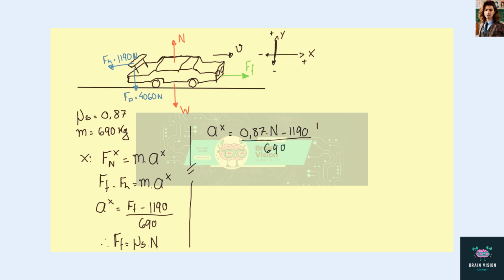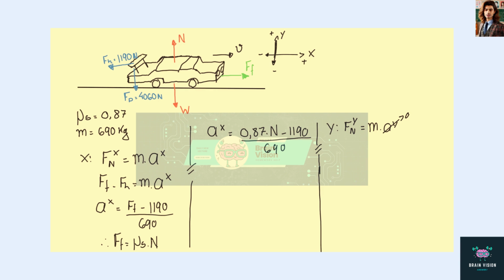Now we have to calculate what is the value of the normal force. For that, we apply Newton's second law in the y direction. It tells us that the net force in that direction is equal to the mass of the car times the acceleration in the vertical direction. Note that the car is at rest in that direction, so this is equal to 0. Therefore, the net force in the y direction is equal to 0.